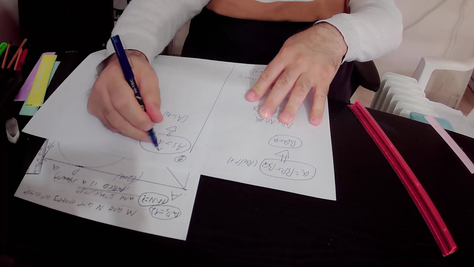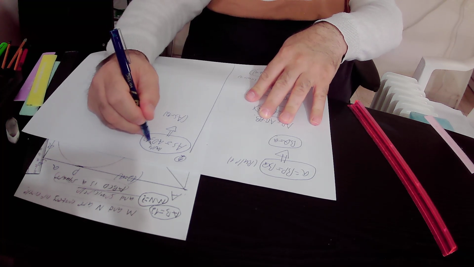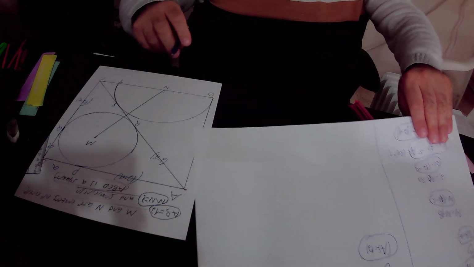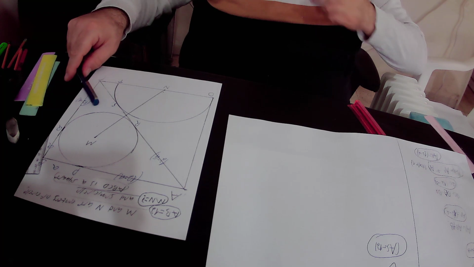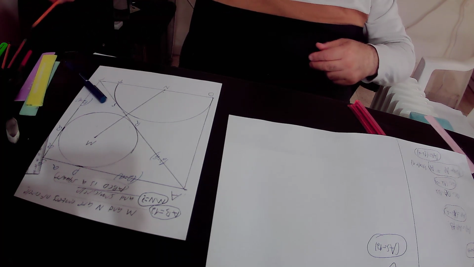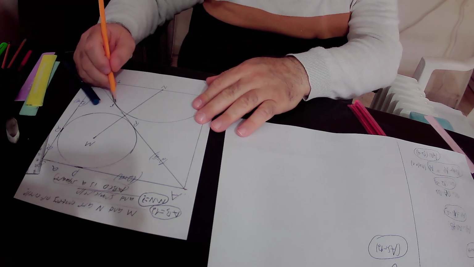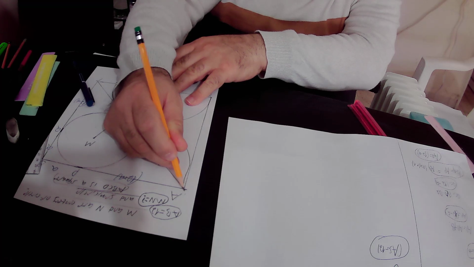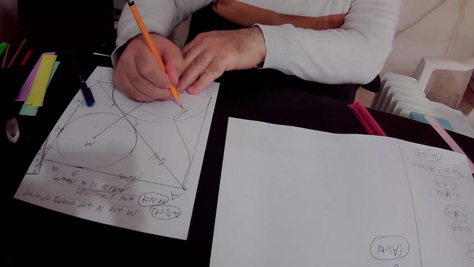This is true according to rule number 1. So here you can write down that AS is equal to 12 units.